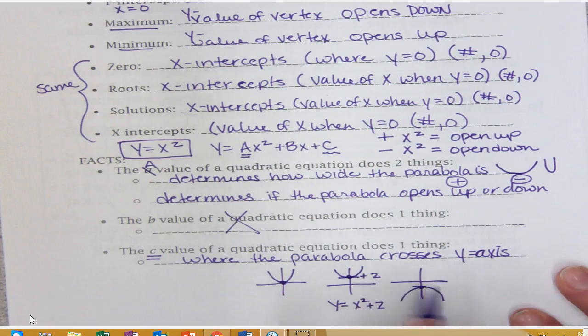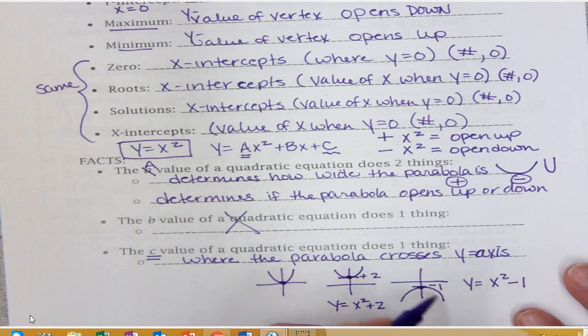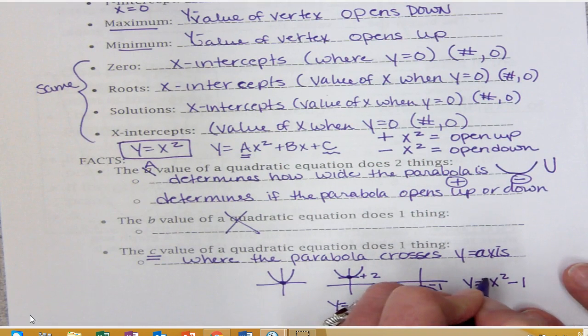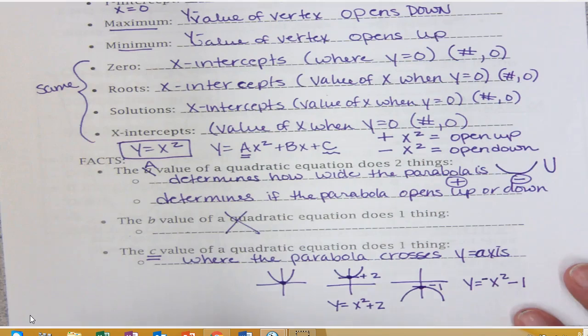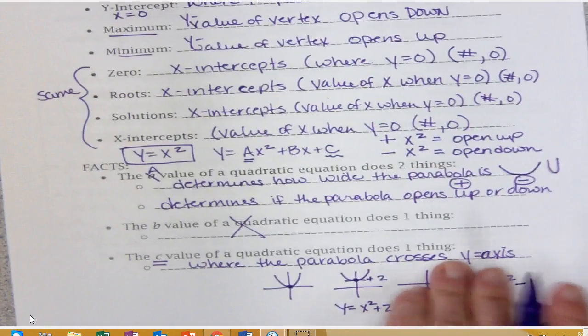If this is negative 1, then this equation would look like x squared minus 1, except since it is facing down, the a would be negative. Okay, moving on.